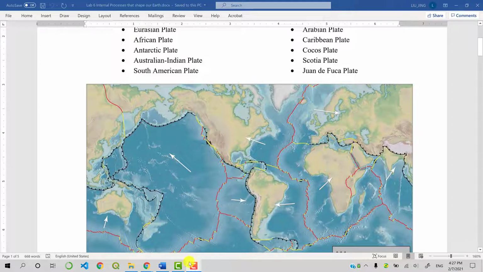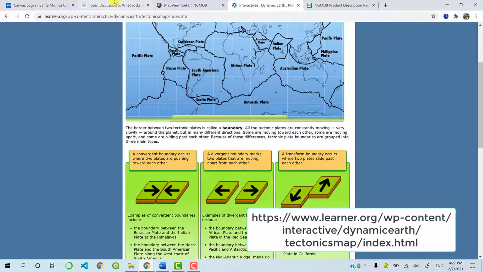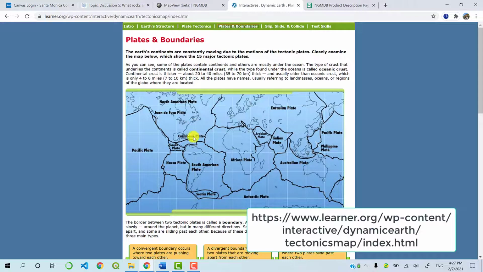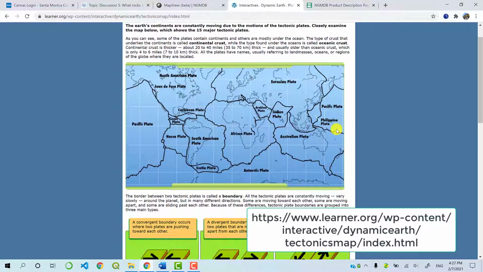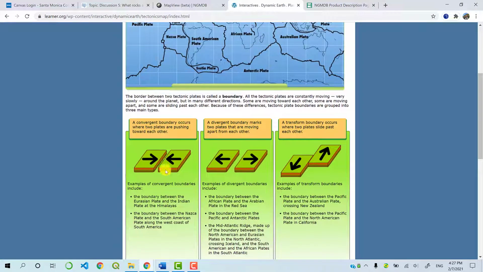I think the animation I sent to you over the weekend is very useful. Let me direct you there. You can see these are the plate boundaries and you have a map here. That's exactly the thing you want to write up. You can also see three types of boundaries between different plates.